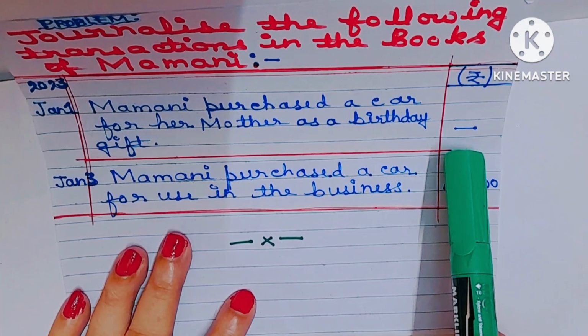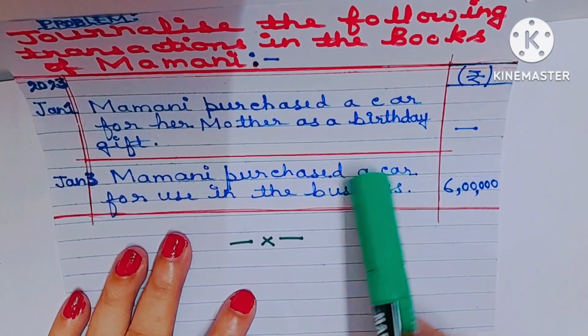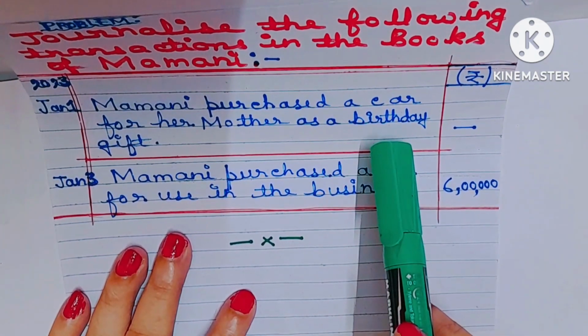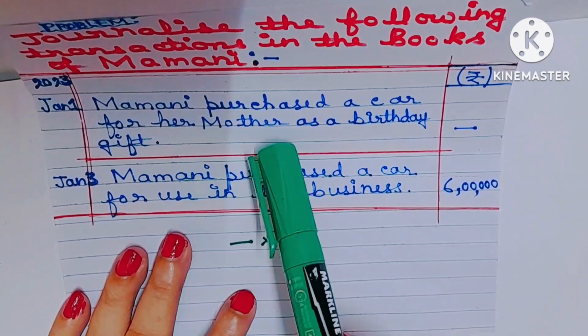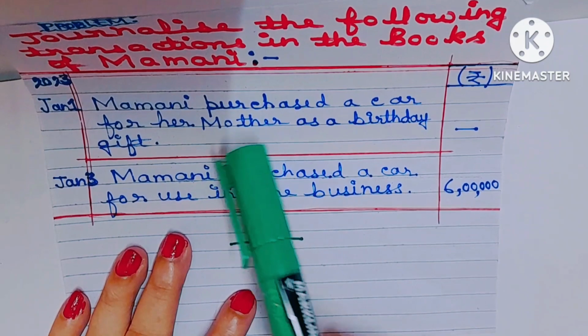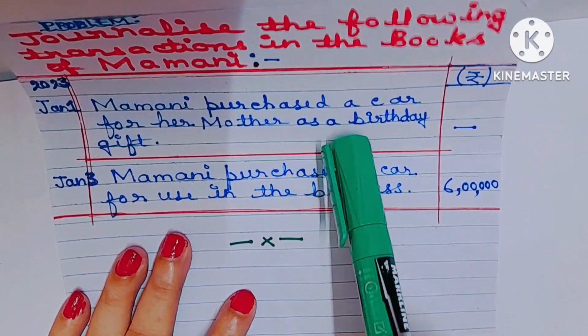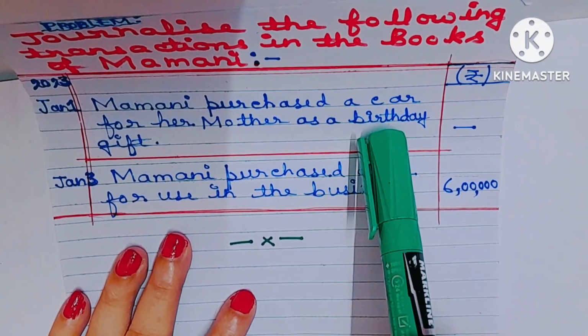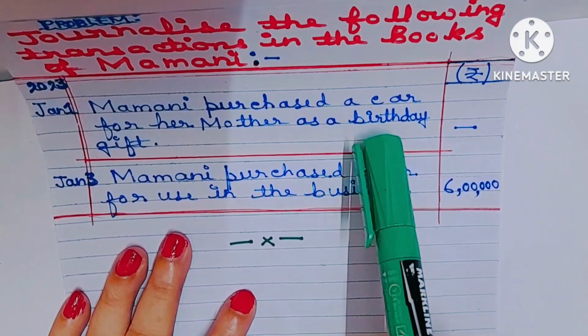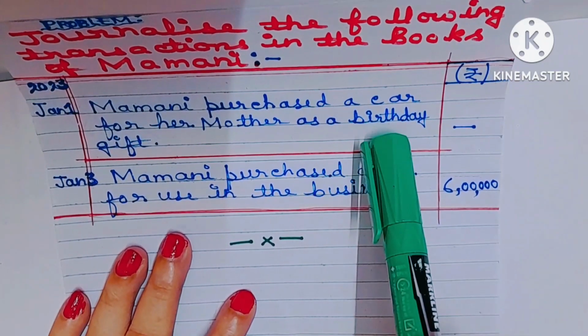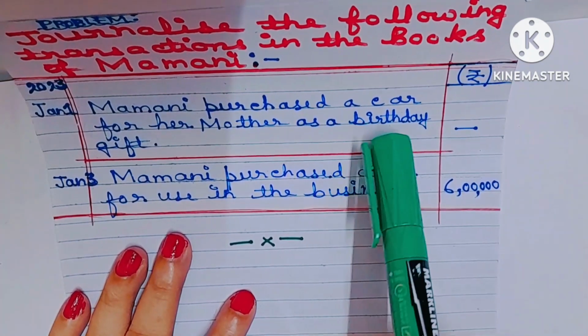Okay. So now, is this a transaction? See again, Mamoni purchased a car for her mother as a birthday gift. So tell me, is this a transaction? No. This is not a transaction. So we won't be recording any journal entry for this in journal.